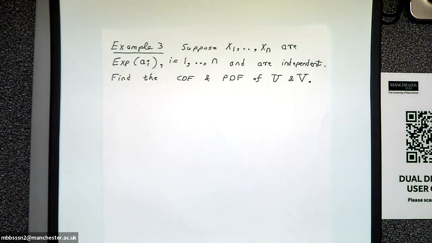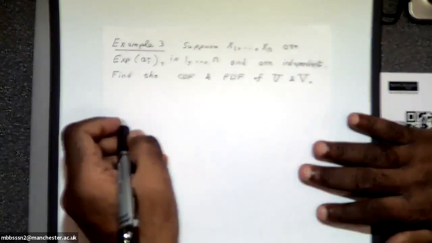This is where the losses are independent, but not identically distributed, because you're assuming that x1 to xn are exponential with parameter ai, for i from 1 to n. And the number of investments is fixed. So you have case 3. The question is to find the CDF and the PDF of U.